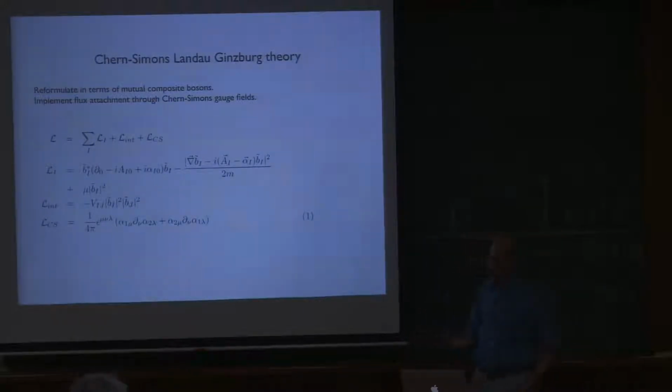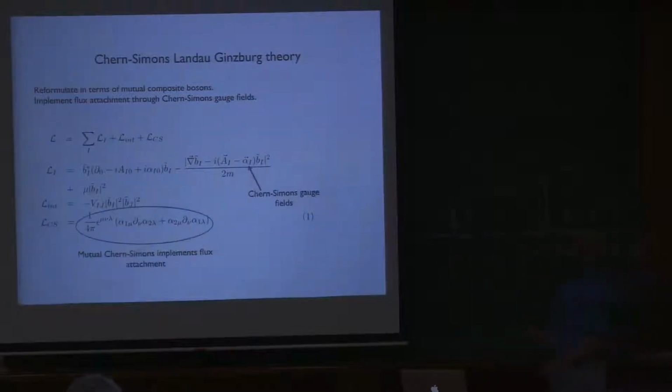But it's also completely standard. This is from the late 80s, early 90s, adapted to the present problem. Flux attachment mean field is a standard tool in studying quantum Hall physics. So these alpha i's are Chern-Simons gauge fields, and this is a mutual Chern-Simons term that implements flux attachment. Okay?